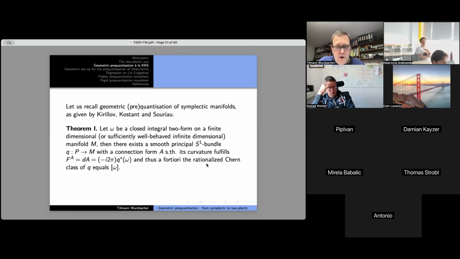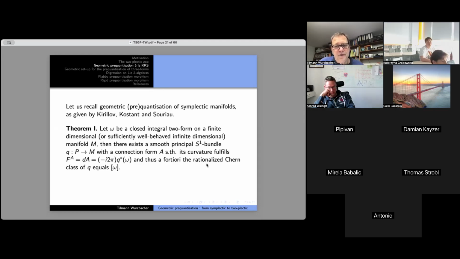And this form A has a curvature F_A, or in this case, since it's Abelian gauge theory, it's just dA. And you can normalize it such that it's minus i times 2 pi, the pullback of the form omega to the total space.